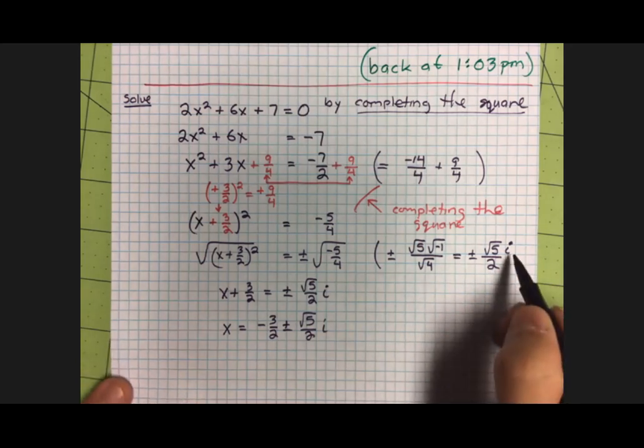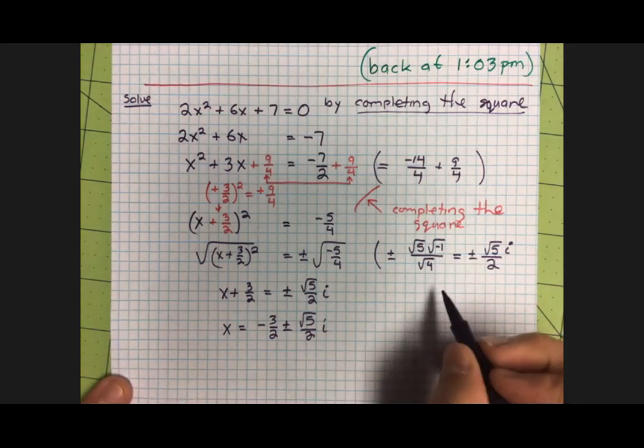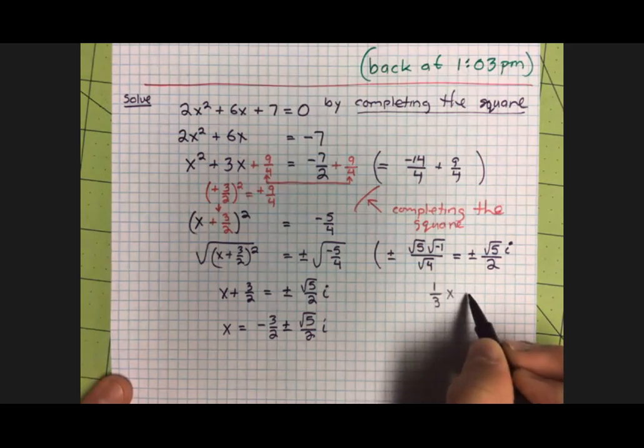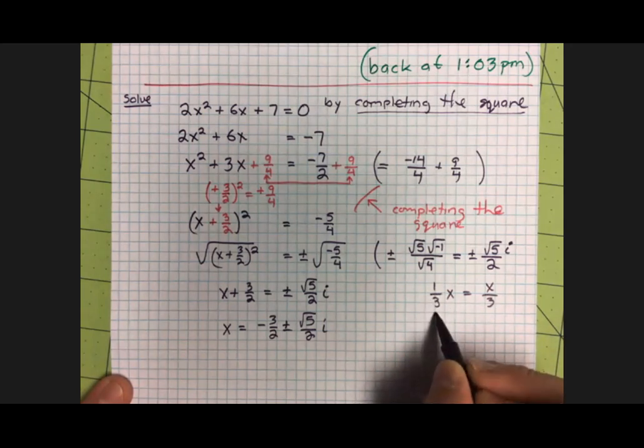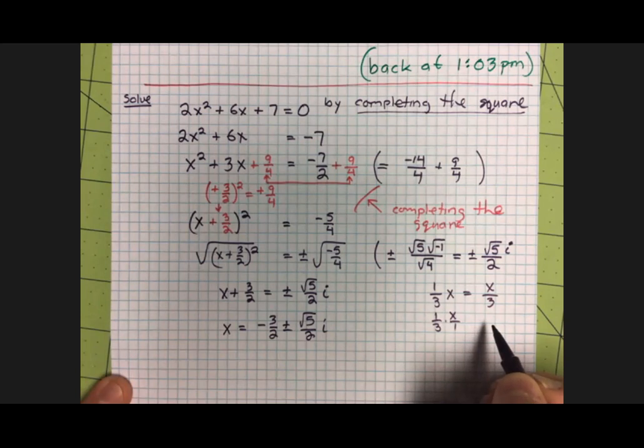Pay attention to the position of this i, right? The i was in the numerator. You know, if I say to you 1/3 x, it's the same thing as saying x over 3, because 1/3 x is 1/3 times x over 1. You would not write 1/3 x, letting that x slip into the basement.